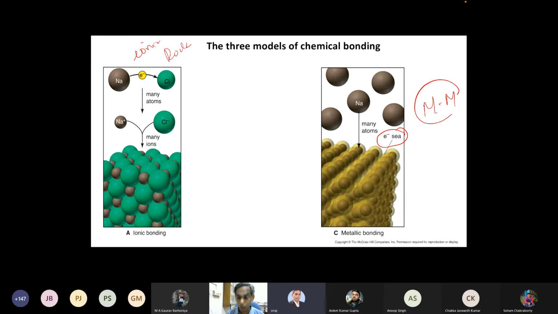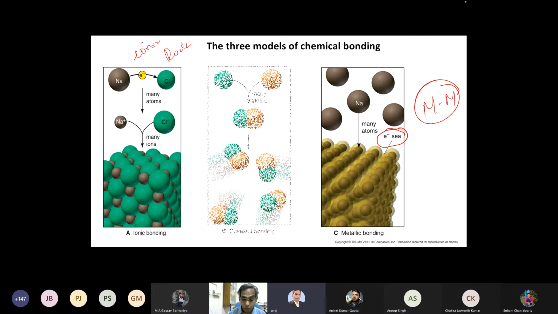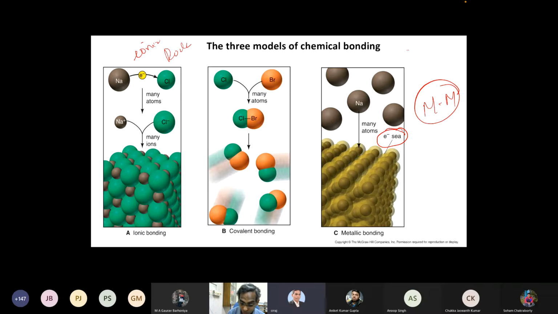If it's sodium, it's sodium, with an electron sea, right? Now in between, covalent bonding comes into the picture. Say you take HCl, or ClBr, interhalogen compounds, or any other covalent compound, say H2 or Br2. These are all covalent. We cannot say 100% covalent. There is a percentage.